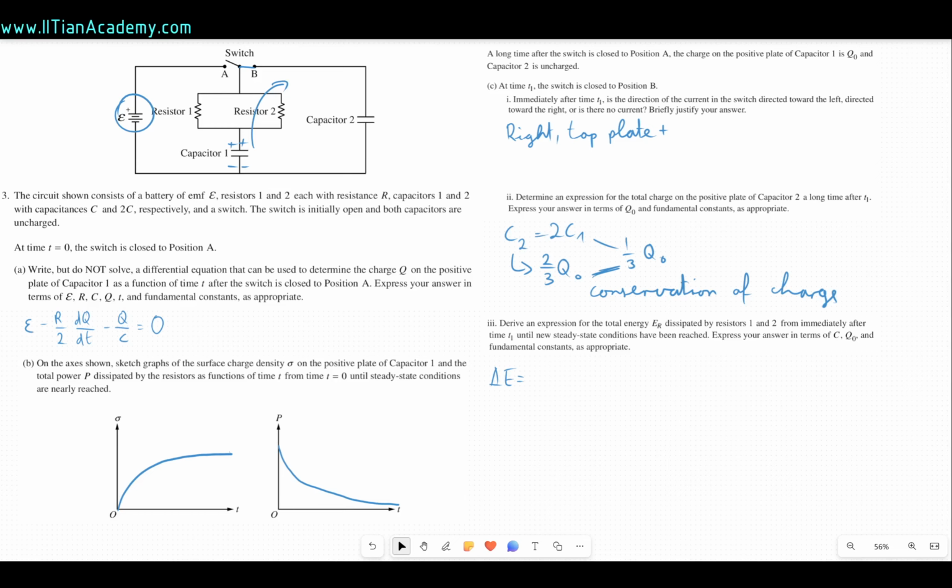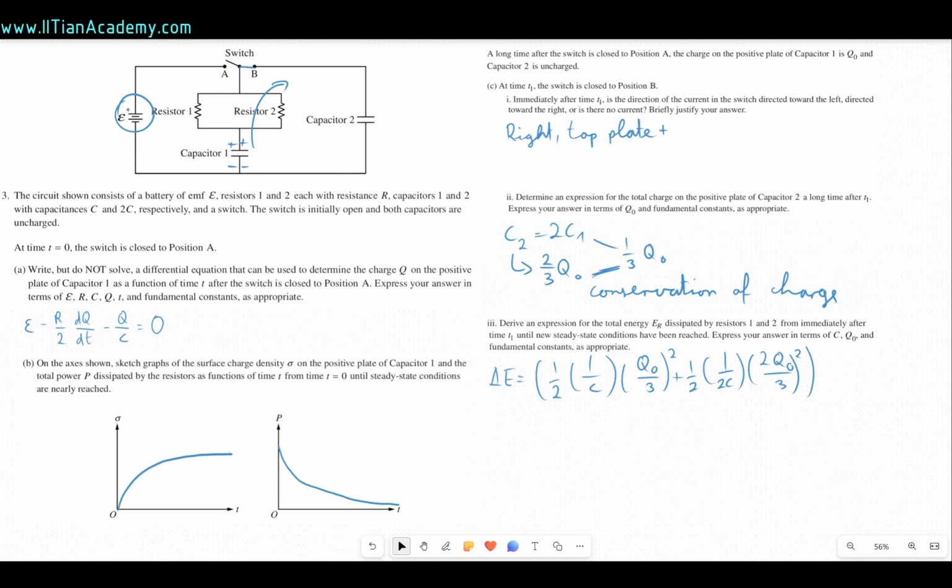So the final energy will be the energy stored in two capacitors individually. So that can be written as 1/2 times Q squared over C. So 1/2, and then we have the capacitance of one of them, let's say the first, 1 over C. The charge, as we have discussed, will be Q0 over 3 squared, and the other capacitor will have the same: 1/2, it has a capacitance of 1 over 2C, and it has a charge of 2 Q0 over 3 squared.